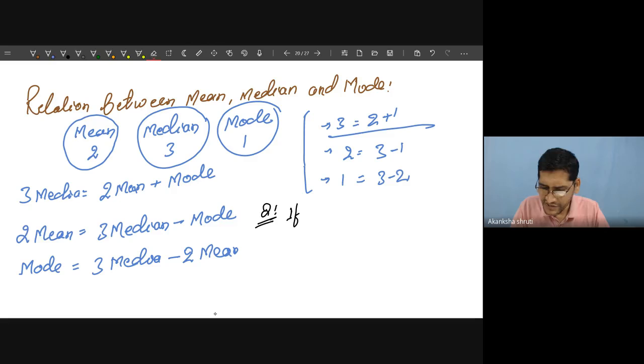The mean of a data, whatever the data is given, that is not required.